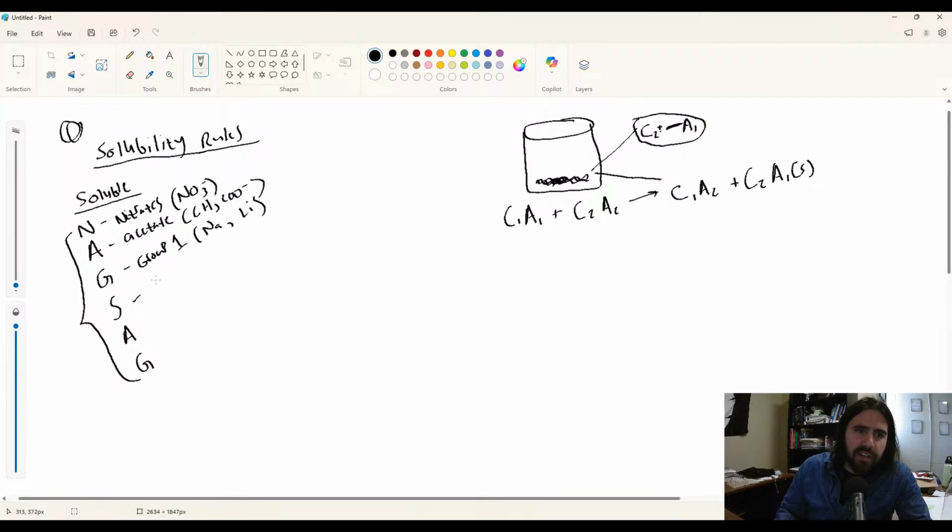Next up, we have sulfates. Recall that sulfate looks a little something like this, SO4, that's 2 minus. Next, we have ammonium. That's NH4.